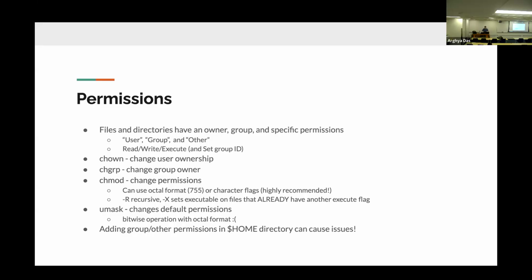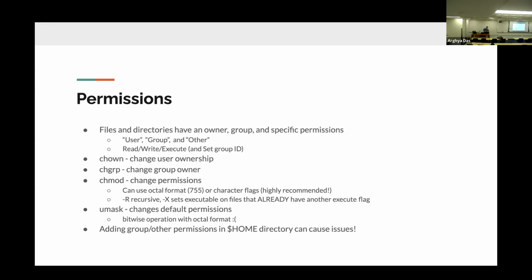If you're working in a group and need to change what your default permissions are when you create a file, you can use this umask command. Unfortunately, it uses that octal number format, and it's a bitwise operation. As a quick example, 755 means give read, write, execute. That's the 7. 55 is, if I remember correctly, read and possibly execute.